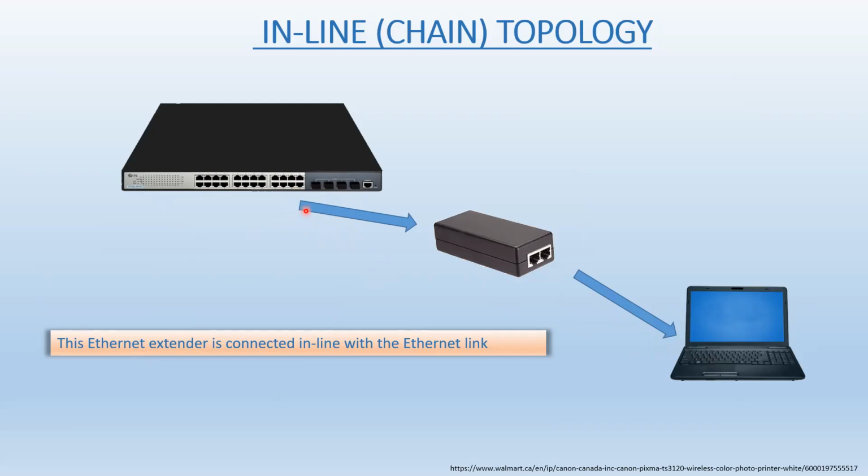And if there's more than 328 feet end to end, then the data will be intermittent. I don't want to use the words reliable or unreliable because there's also a technical term of reliable and unreliable transmission.